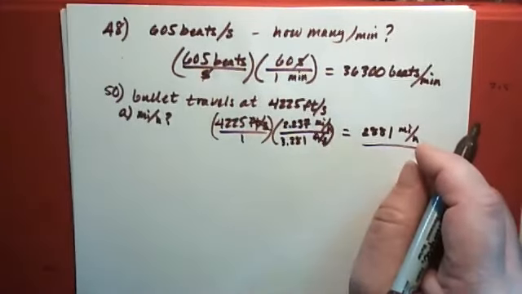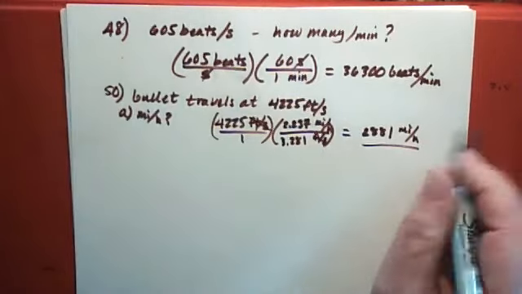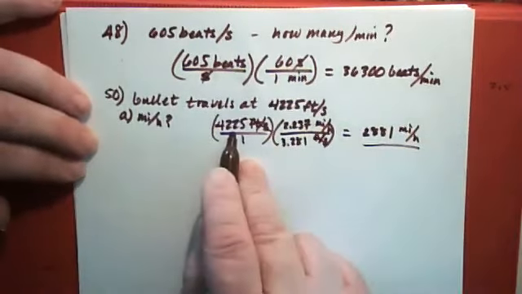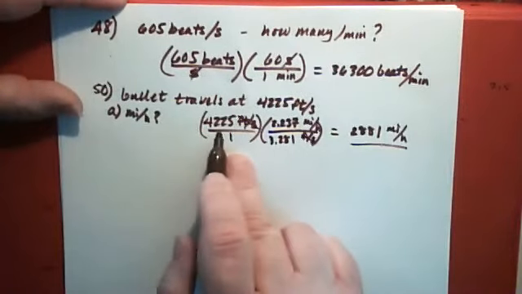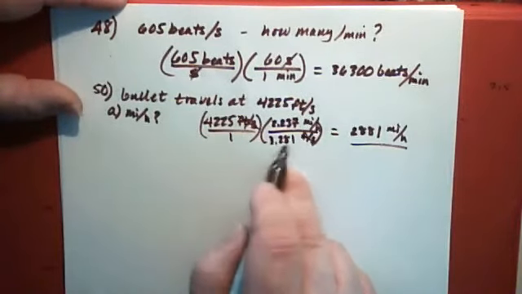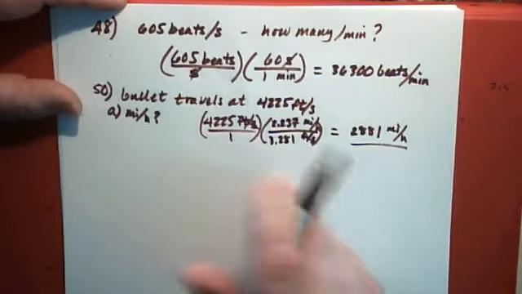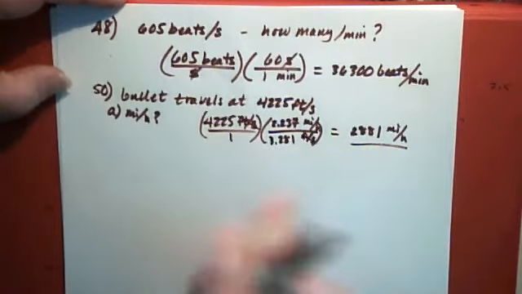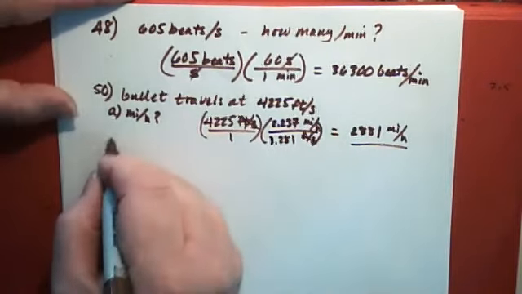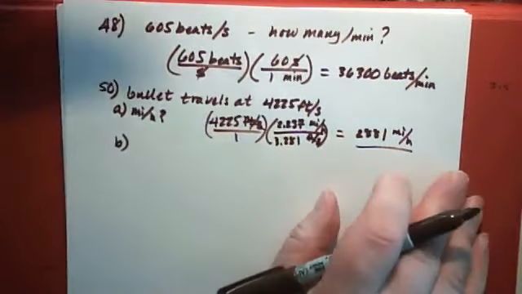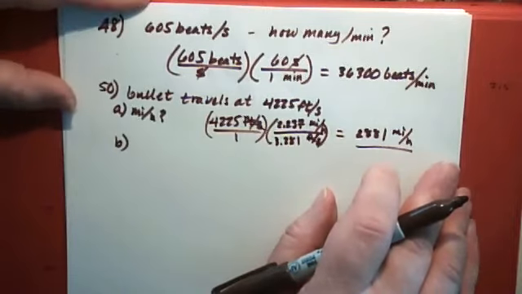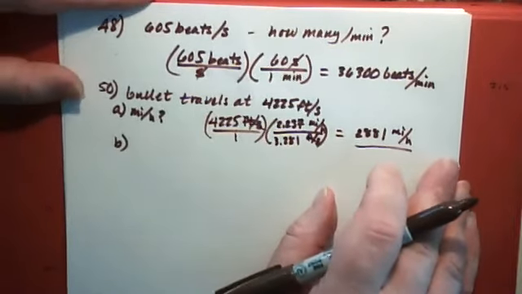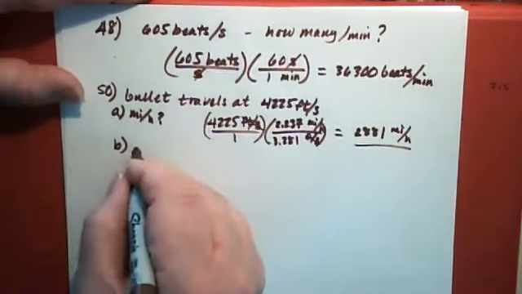It's actually 2880.6, but rounding it off to 4 significant figures, because this 4,225 is 4 significant figures, and both of the numbers in the conversion factor are 4. So 4 is what we want for the answer, 2881. And I believe there was a part B for this question, and that is, how far in meters can this bullet travel in 5 milliseconds?